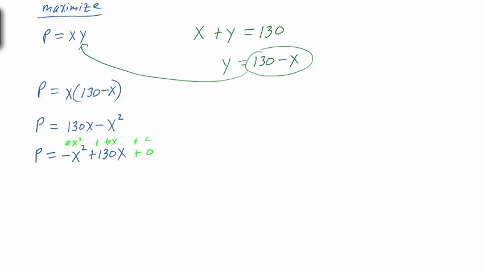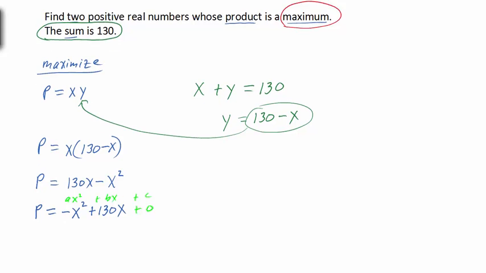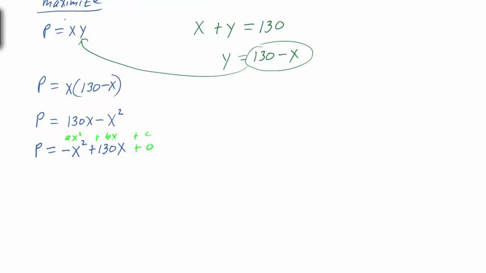Now, what do we want to find? Let's go back to the problem. We want to find two positive real numbers whose product is maximum. So we want to find a maximum value. Well, hopefully by now we realize that if we were to graph this, p equals, now again, this is the p value, we can think of that as y. y equals negative x squared plus 130x.